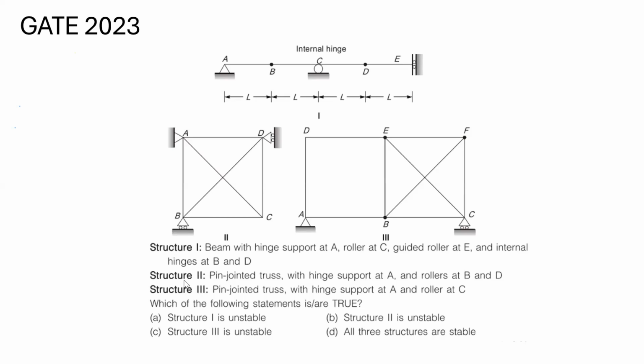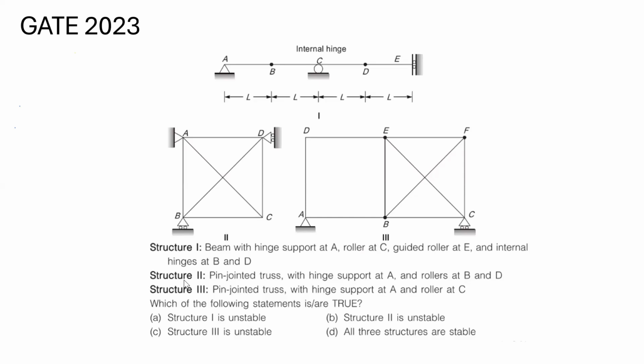If you see the third structure, I will give you one hint: a triangular structure is the most stable structure. Triangular shape. If any structure has a square or rectangle, this will lead to instability, 100%.